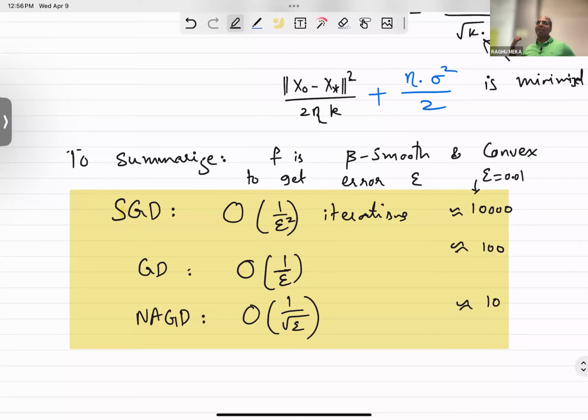You can think this is bad, but then the cost per iteration is much smaller. Is that what you're asking? Does it make sense? SGD has a substantially lower cost per iteration.